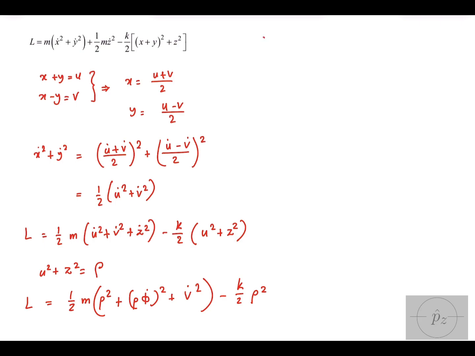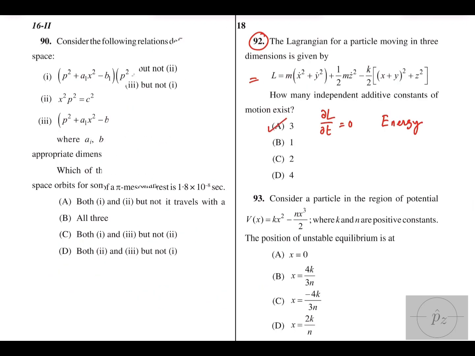We notice that phi and v are cyclic coordinates, so the corresponding momenta are also conserved. So there are 3 constants of motion. One of them is energy, and the other 2 are the associated momenta corresponding to the variables phi and v. So option A is the correct answer.